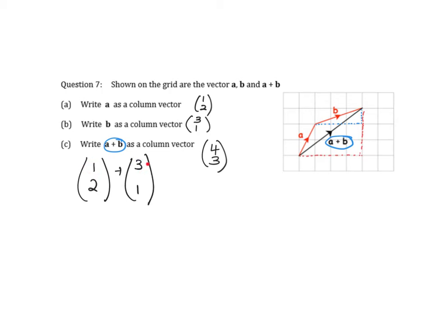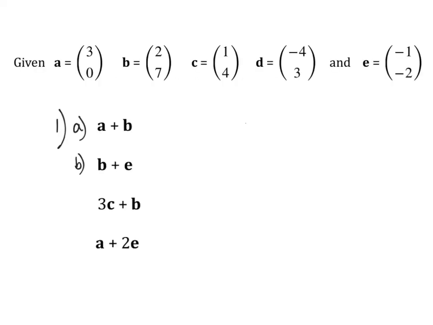Now what you might notice is that if you add vector A to vector B, 1 add 3 is 4, 2 add 1 is 3. All I've done is add the numbers. So what actually happens with these vectors is we don't need the picture. We can actually just do it with the numbers. So I want you to think about how I'm setting them out and what we're actually doing.